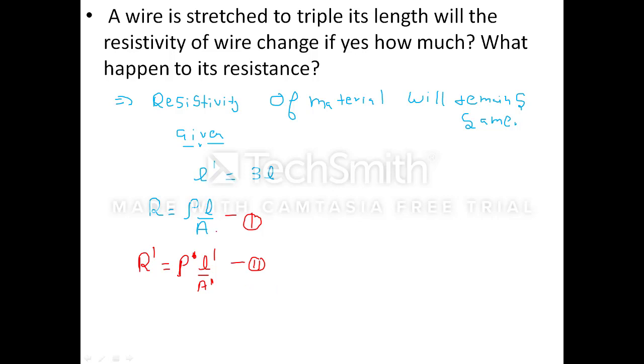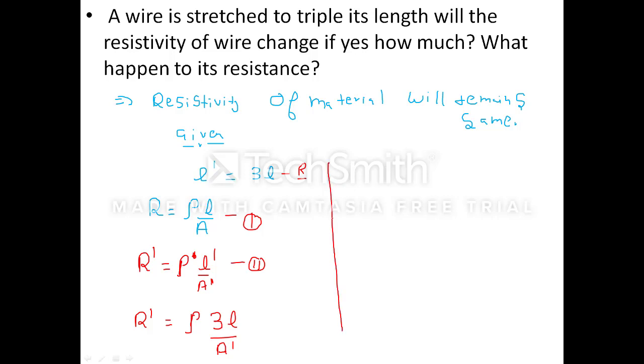Now if we put this in the second equation, then R dash equal to rho L dash, which is 3L, upon A dash.